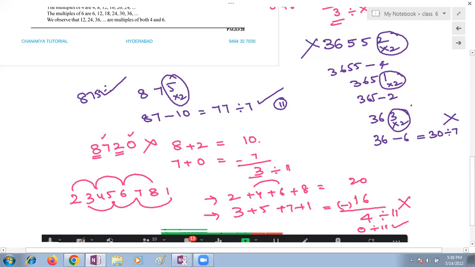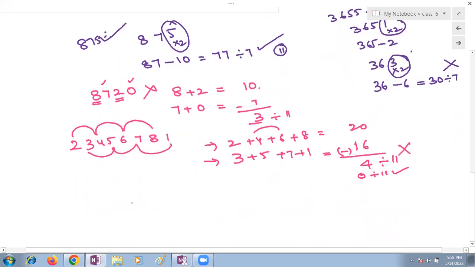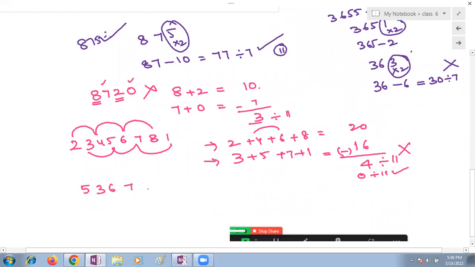Ma'am, can I tell one example? Yes. The example for 11 is 5,36,756. Now, Riyansh, what are the alternative pairs? Ma'am, 5 plus 6 plus 5 is one pair.